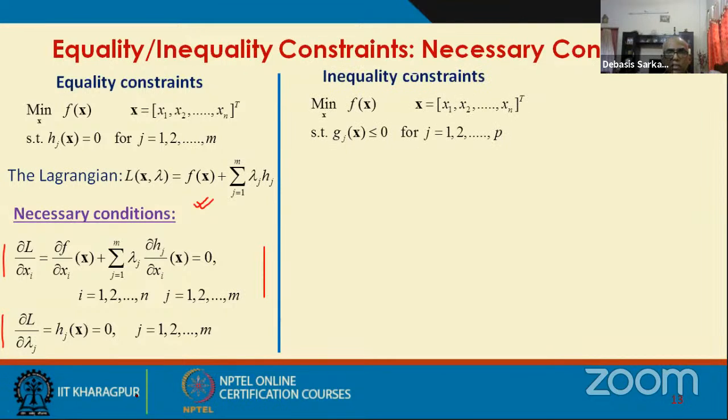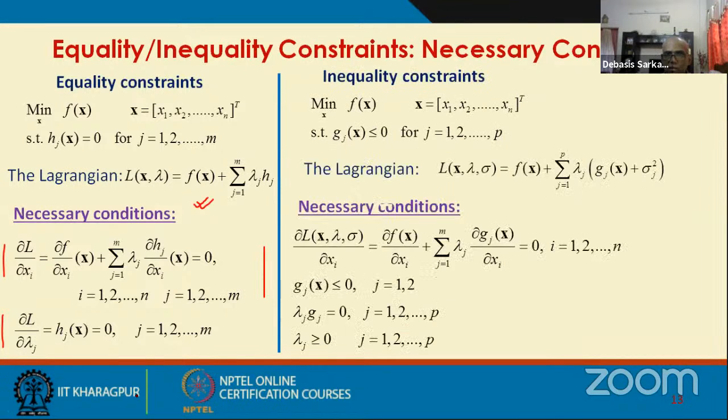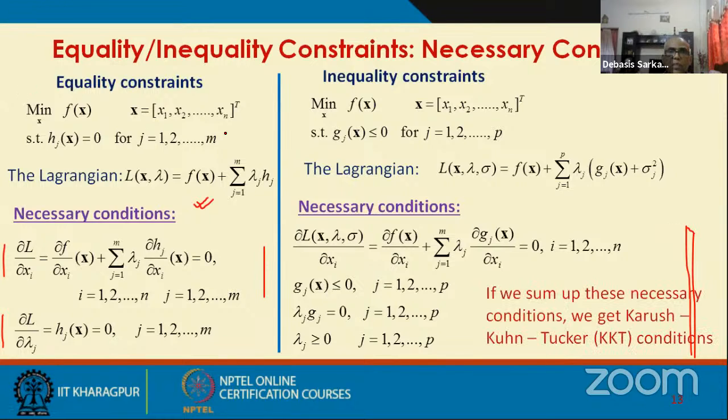For inequality constraints, we can write the alternate form. We have written the alternate form here, where we are not using slack variables. You can also write slack variables, but we don't write slack variables here. Let us write the alternate form. Now, when you sum up these two, you will see that what you get is basically the KKT condition.